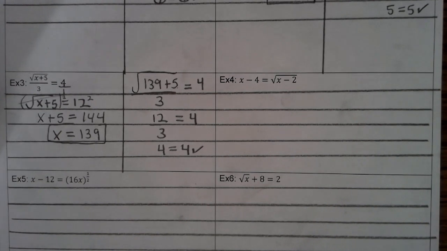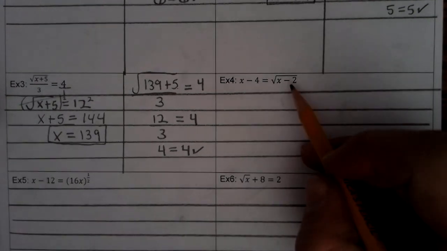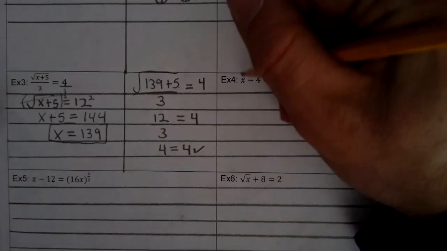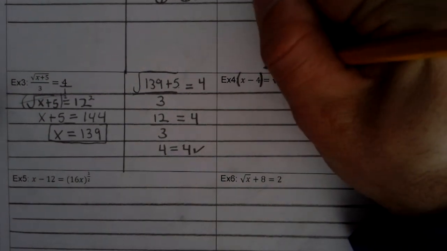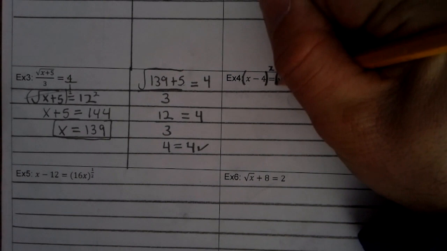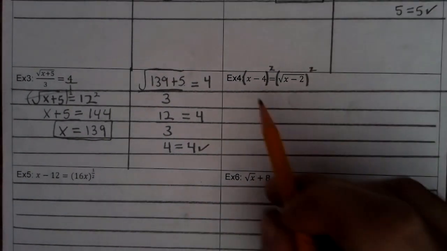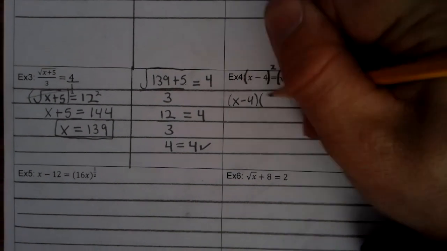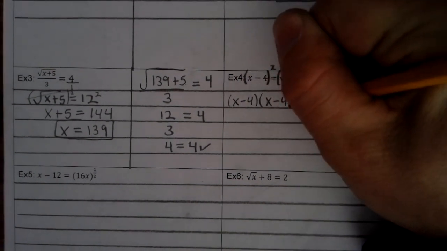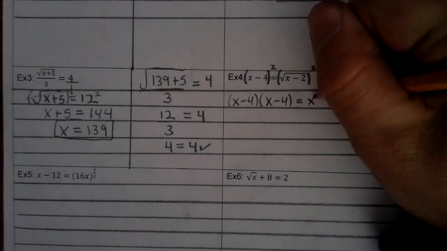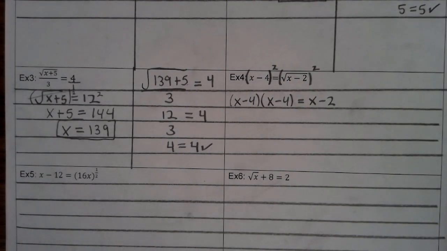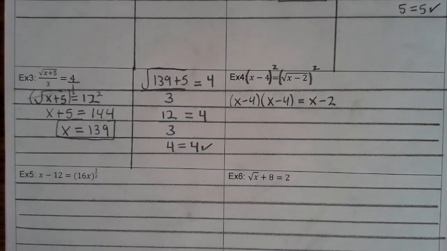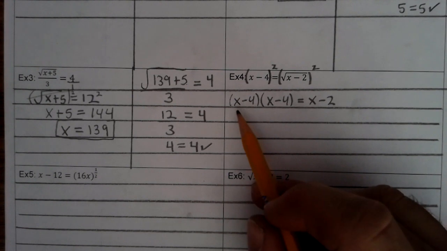All right, example 4. So first thing we're going to do is isolate the square root, which it is. So now we're going to square both sides. So this becomes x minus 4 times x minus 4 equals x minus 2. So we need to FOIL this first.